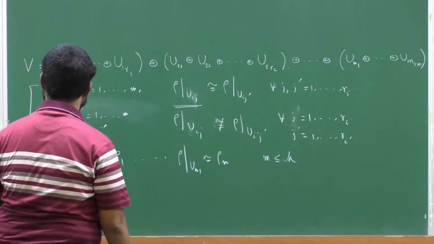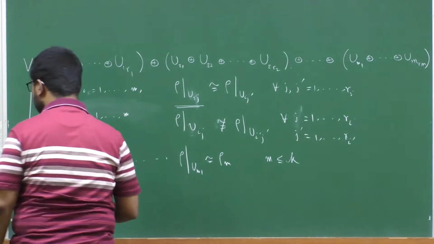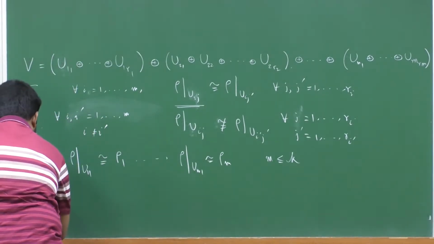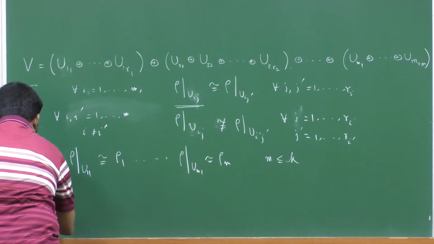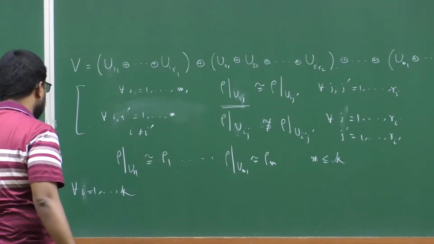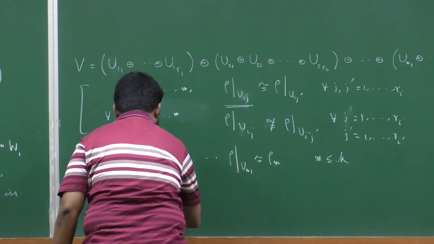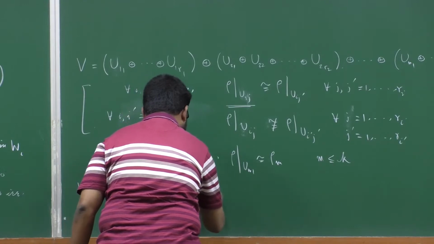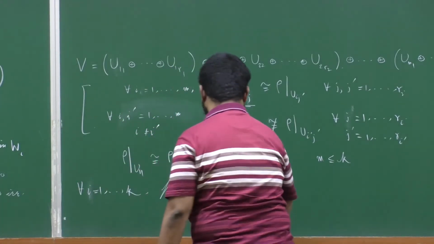All right. So now what we do is, for each i from 1 up to k, let me define the following operator from V to V. How is that operator defined?